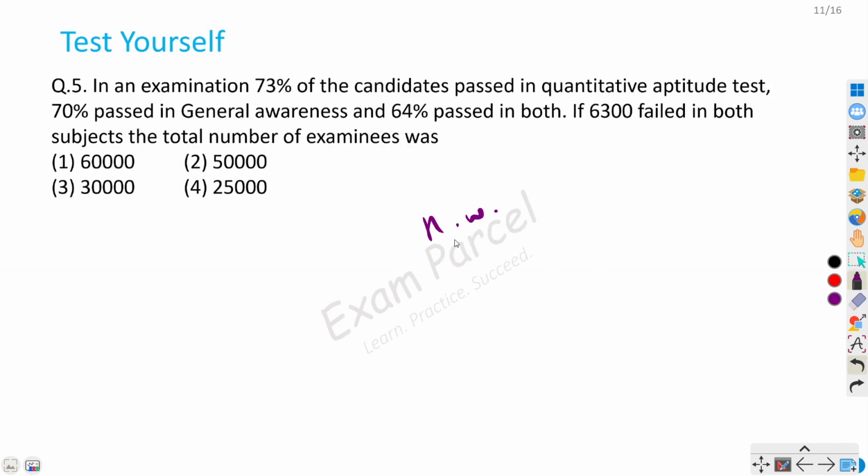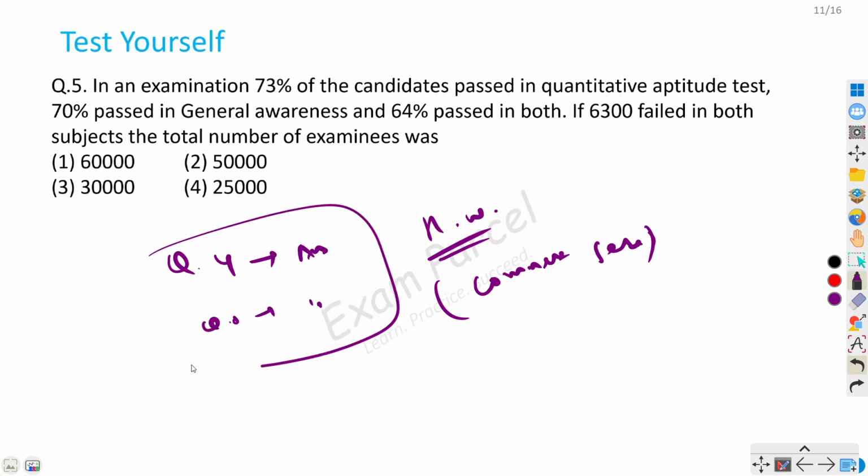Again, same homework for question 5. You can post your answer for both questions. You can write like, question number 4 answer is this, question number 5 answer is this. This will be a good exercise for you.